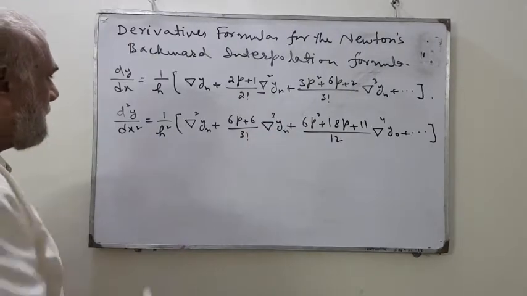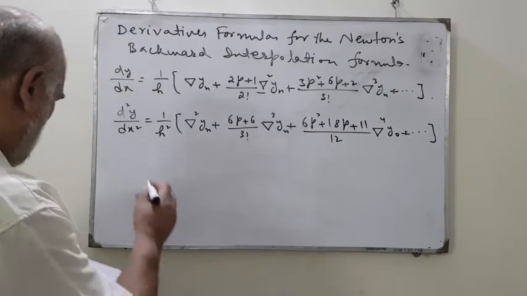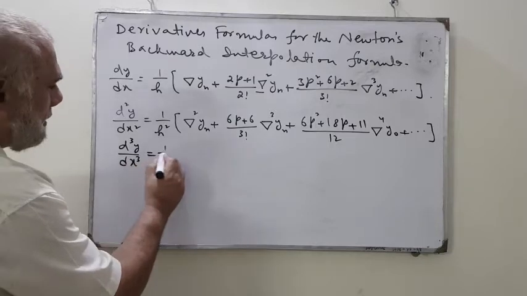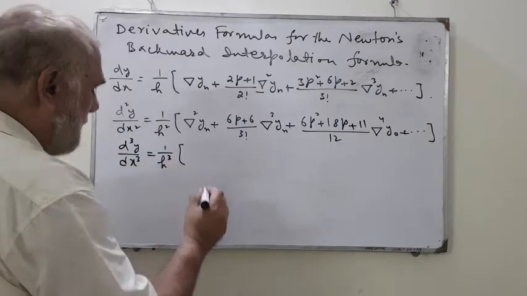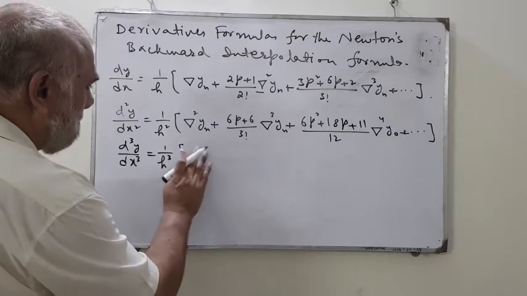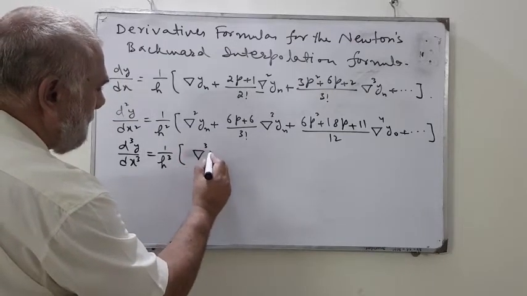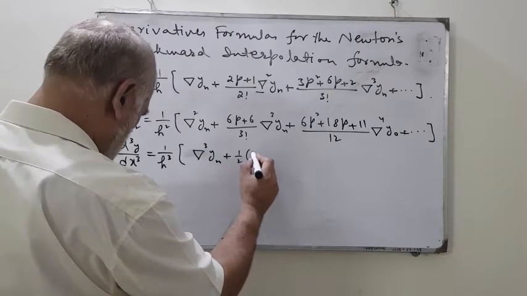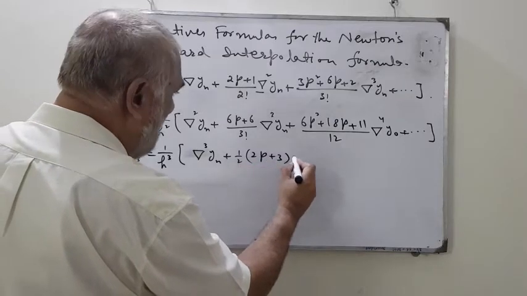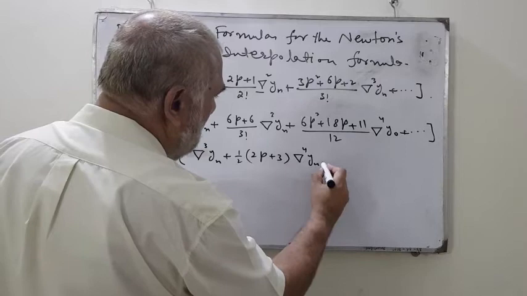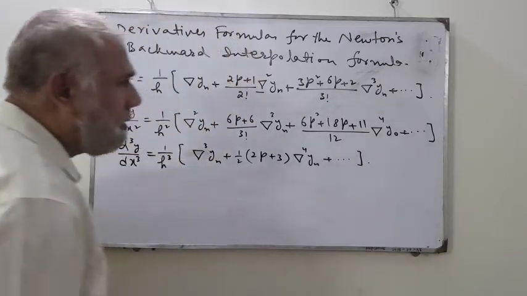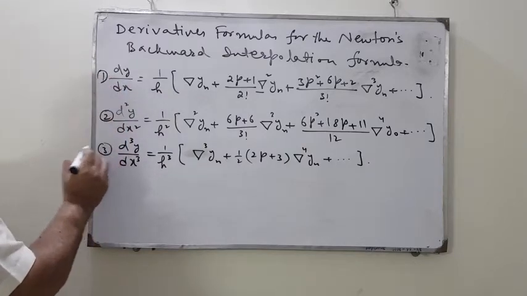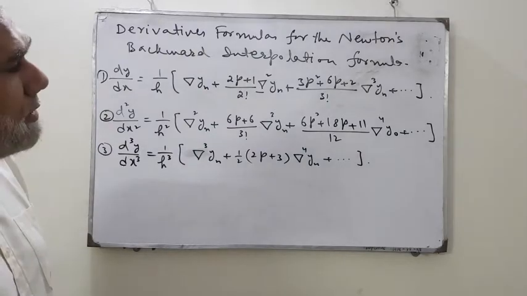Okay, so this is the second order derivative formula for the backward, and here we write down the third order derivative formula: d3y over dx cube is equal to 1 over h cube, inside this is nabla 3yn plus 1 by 2 times (2p plus 3) times nabla 4yn, and there can be many more terms you can write down. So these are the 3 formulas, 1, 2 and 3, for the backward difference interpolation.